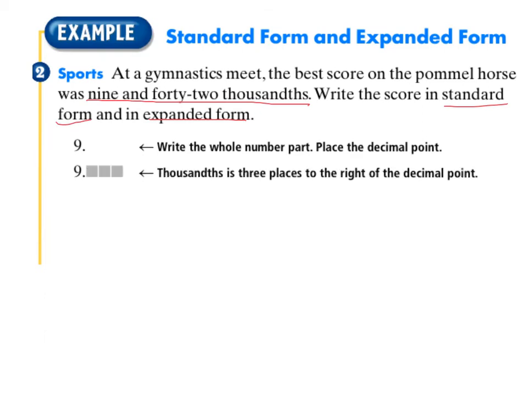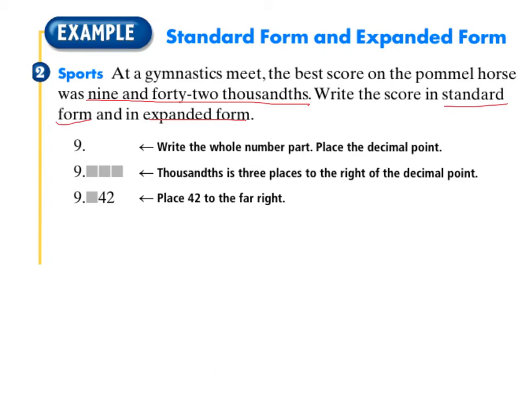Then we know thousandths is 3 places to the right of the decimal point, so we can go ahead and put 3 marks down to know that we have to fill all 3 of those holes. Then if it's 42 thousandths, we're going to start from the right and write the 42 there, because wherever the last number lands decides what the decimal place is.